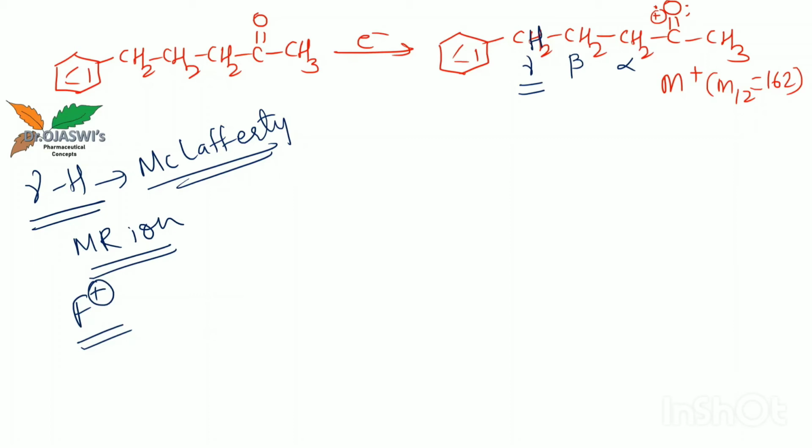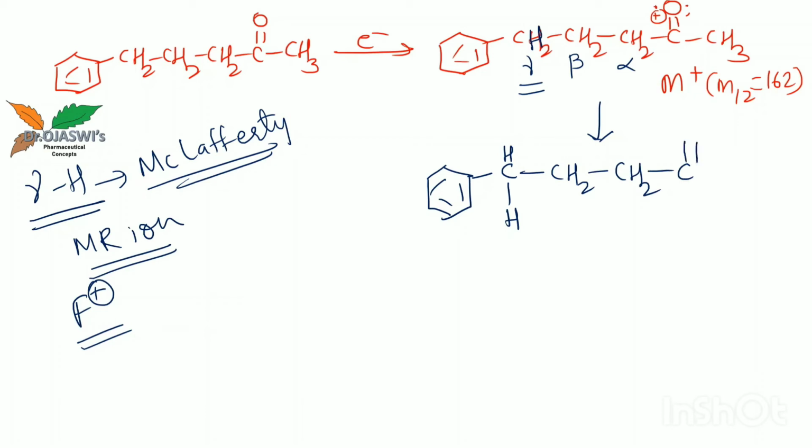So let us see how this McLafferty rearrangement can happen over here. Just for convenience I'm writing the structure. See, this is my gamma carbon, right? So let me write one hydrogen here, and one hydrogen here. This arrangement I have made so that it is easy for me to show the 6-membered transition state.